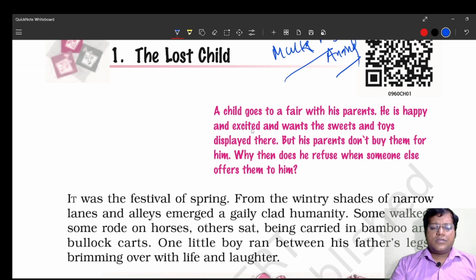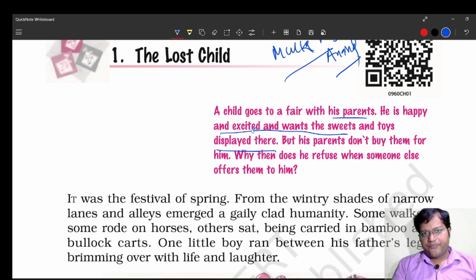The Lost Child. In this story, we will find the story of a child who was going to the fair, maybe for the first time in his life, and he was enjoying the village fair, being attracted by different types of things. He lagged behind. The child goes to the fair with his parents. He is happy and excited and wants the sweets and toys displayed there.